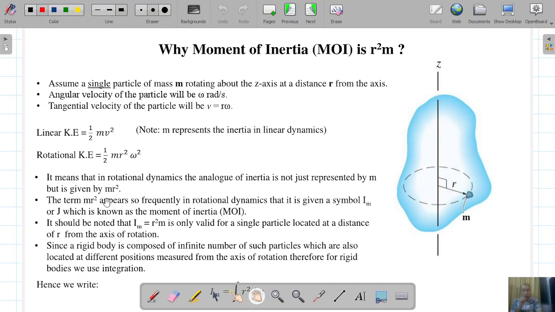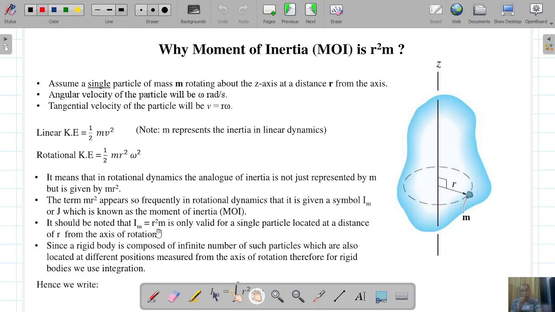It is the analog of inertia, basically the moment of inertia of the body. The term mr square appears so frequently in rotational dynamics that it is symbolized as Im, and sometimes as J, the moment of inertia. It should be noted that Im is also equal to r square integral dm.